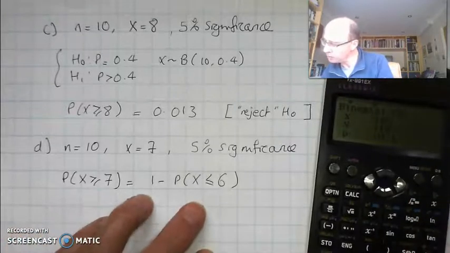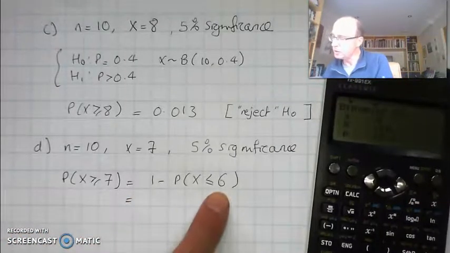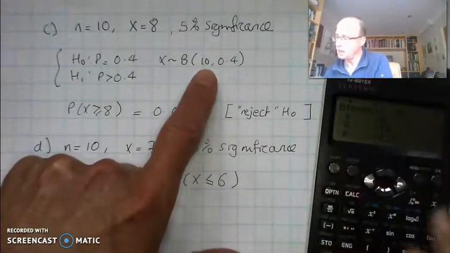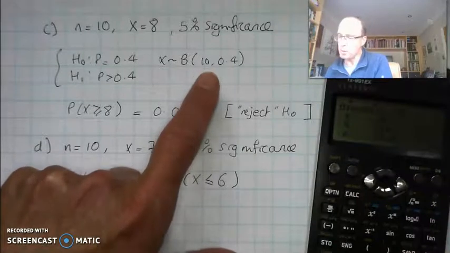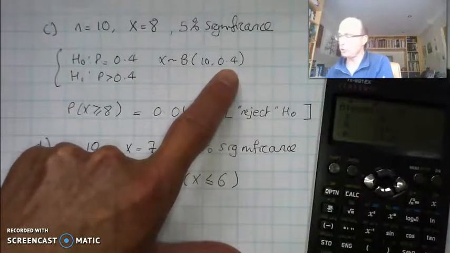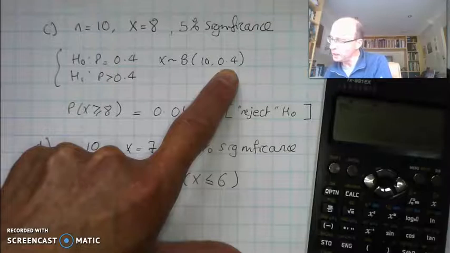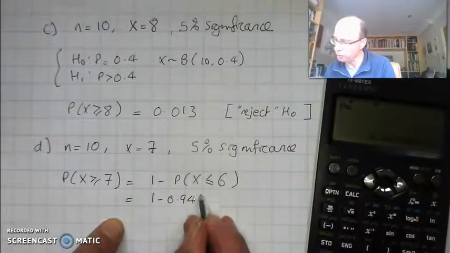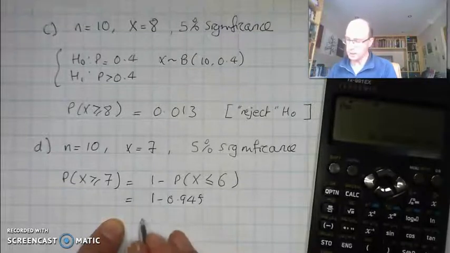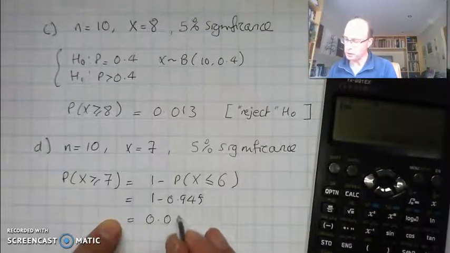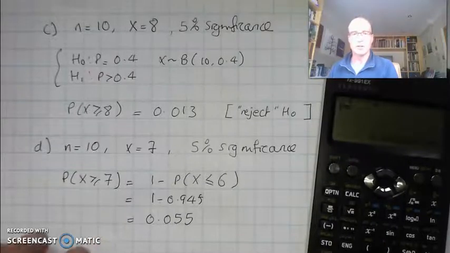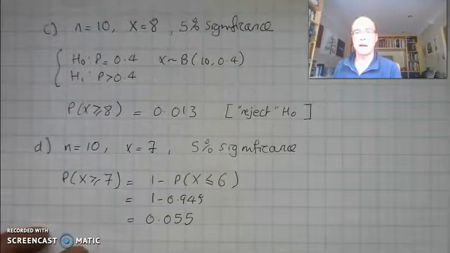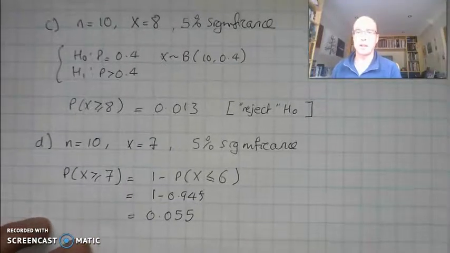So I'm looking for x is 6, I've got my number of trials set at 10, and my probability of success 0.4. Hit equals, and I've got 1 minus 0.945, so this is equal to 0.055. It's very close to, but greater than, my 5% significance level that I'm testing at.